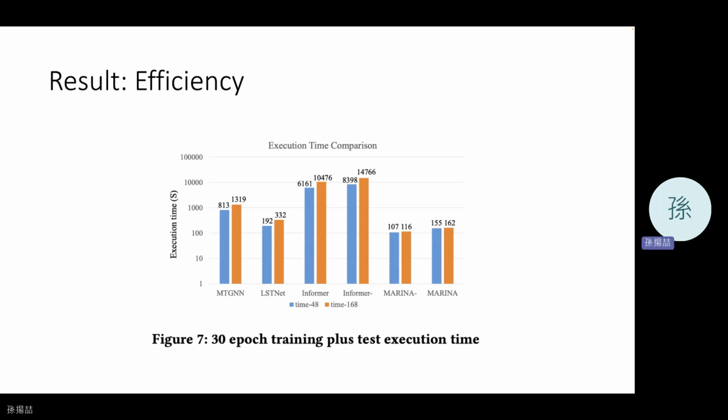In the efficiency part, MARINA performs much better than other models. As we know, transformers require a large amount of data, and they also require a lot of time to train. So MARINA outperforms all the models on efficiency and execution time.